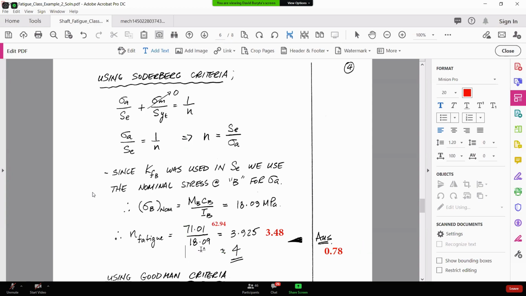We put in 85 here, didn't we? No, we put in 80. Okay, so the 80 gave us 0.78. So now we know the thing isn't going to last forever. We're not going to have infinite life. So this is the nominal stress, and we know the fully modified endurance limit.